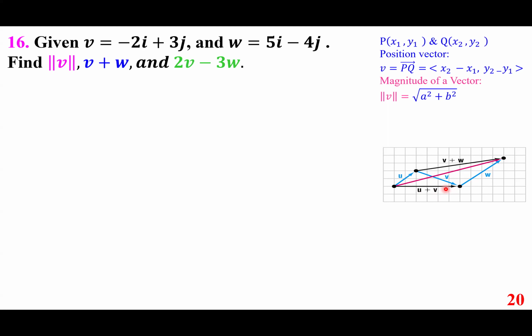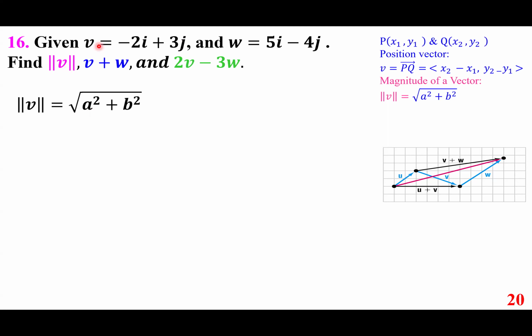Now, how do you find the resultant? The initial point of the very first vector to the terminal point of the very last vector.